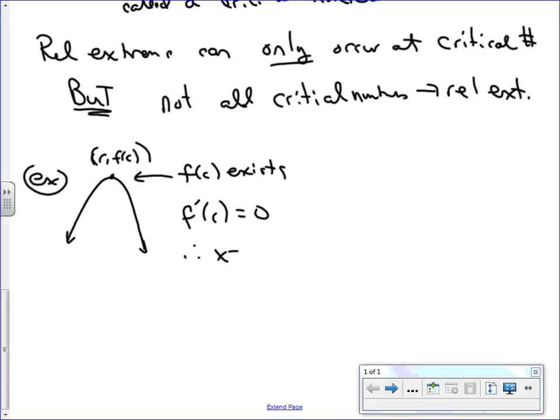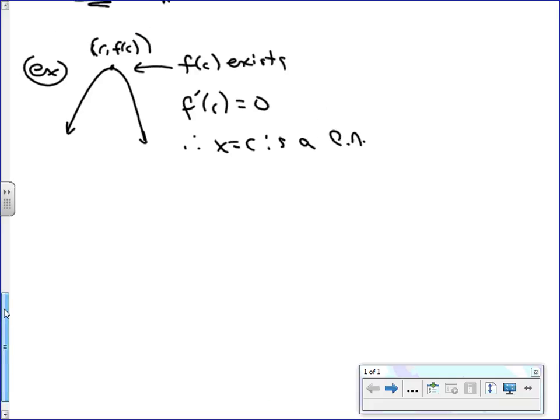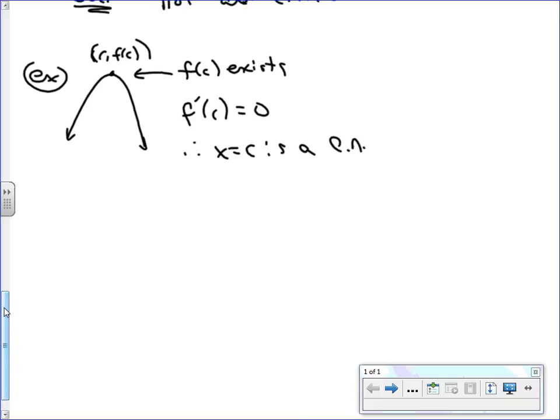Therefore, x equals C is a critical number. Once you've identified it as a critical number, then you can determine if it's a max or min. Graphically, we can see the max or min first, but this time we do have a relative max at x equals C. It also happens to be an absolute max, but I'm only going to discuss relatives.